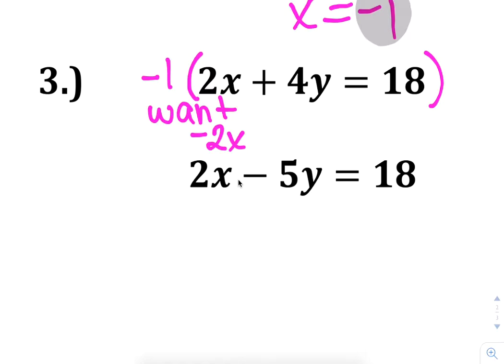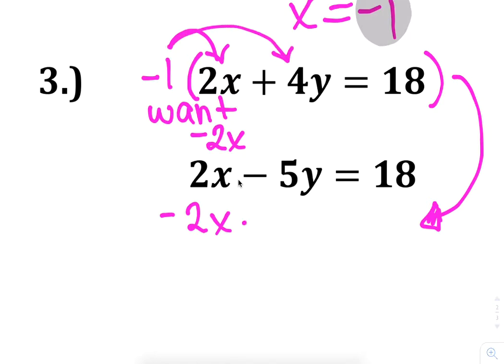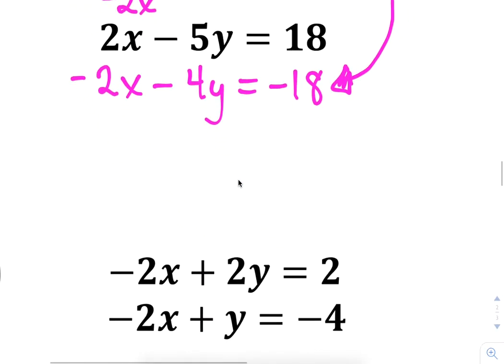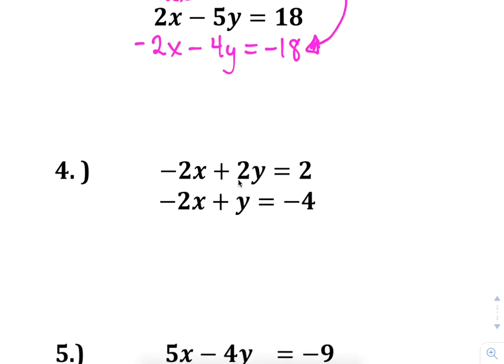So I'm going to put this new equation down here underneath. So negative 1 times 2x, negative 2x. Negative 1 times 4y, negative 4y. Negative 1 times 18, negative 18. I multiplied the whole row all the way across, and I copied it down. So now I have this problem, okay?